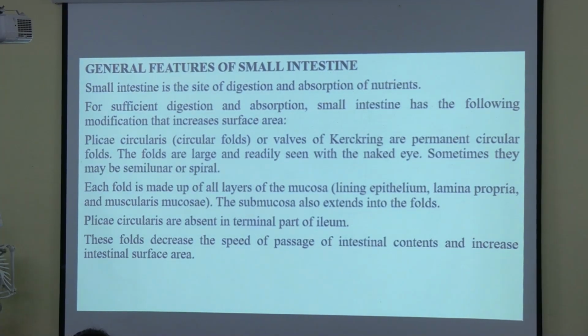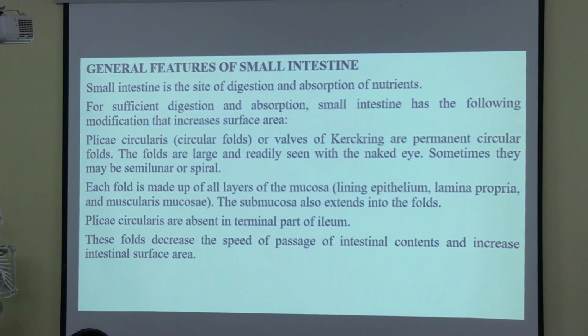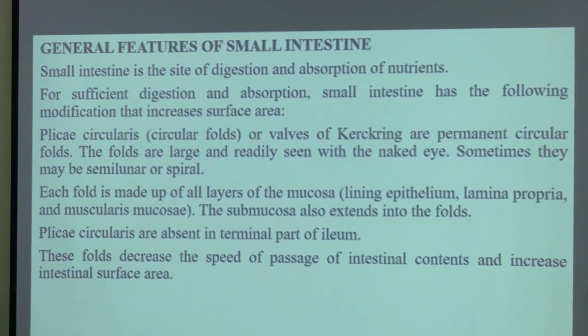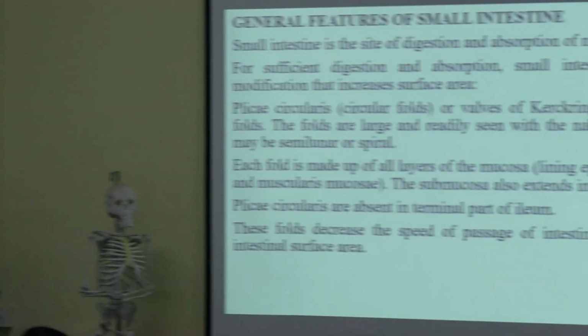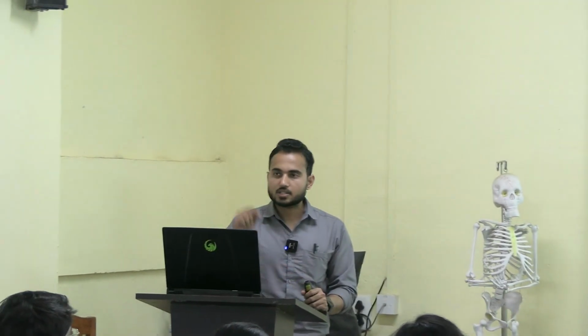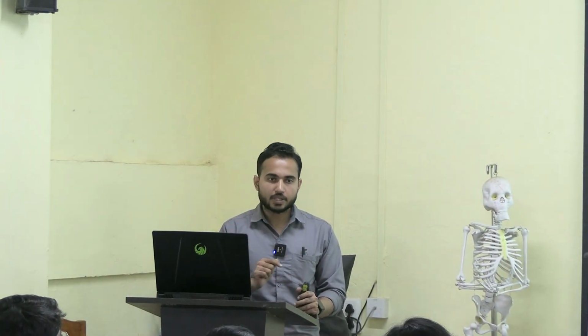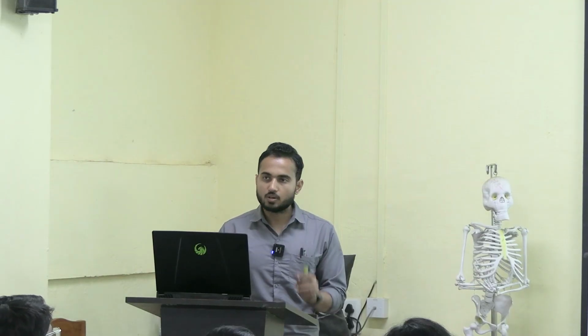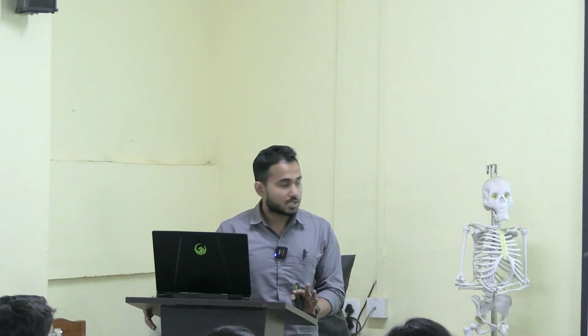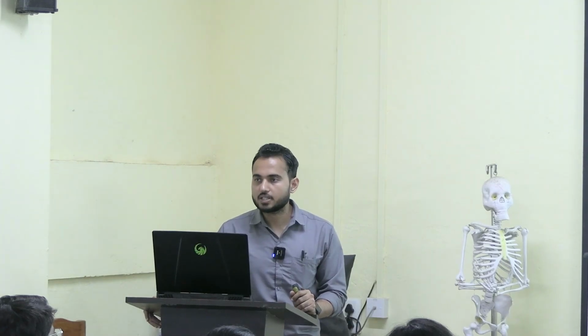Because these folds are formed by all three layers of the mucosa. We know that mucosa is made up of three layers: lining epithelium, lamina propria, and muscularis mucosae. All those three layers are present in the plicae circularis. That's why it is permanent in nature.